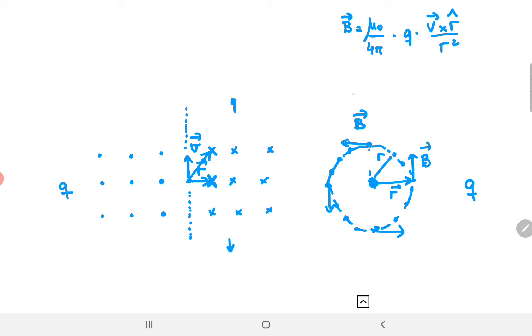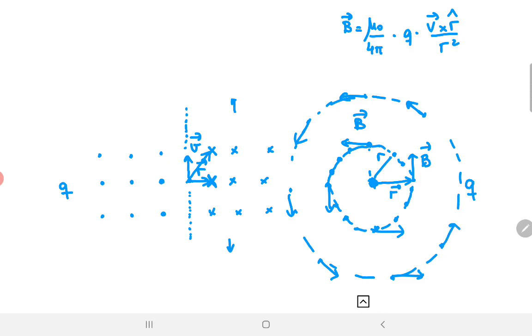If I trace another circle with a bigger radius, the magnetic field is going to be much weaker, but the direction is always going to be tangent to this circle. So with this ends this first part devoted to the magnetic field of moving point charges.